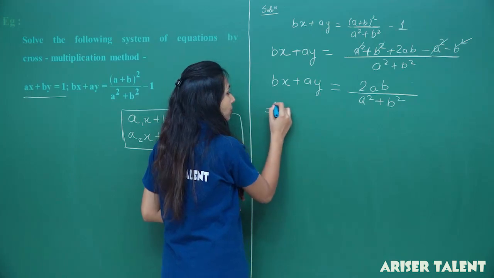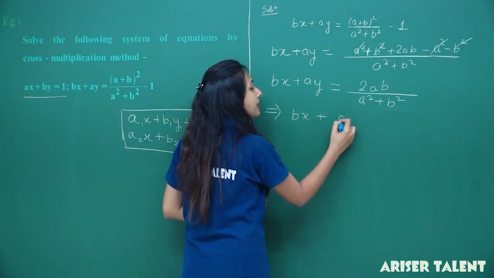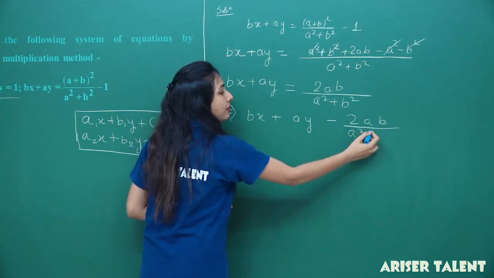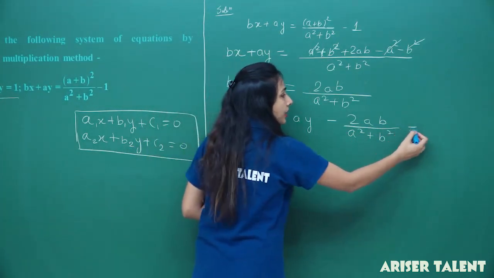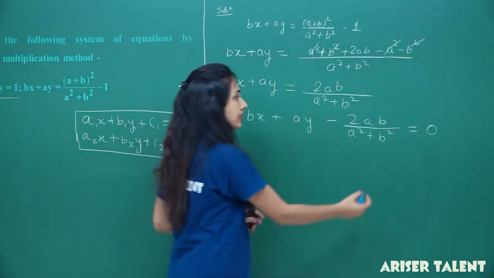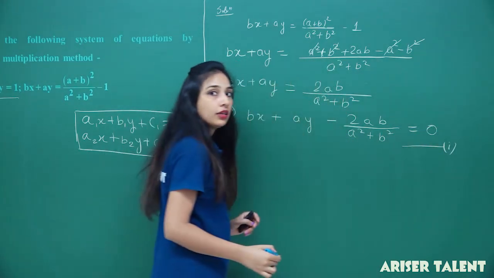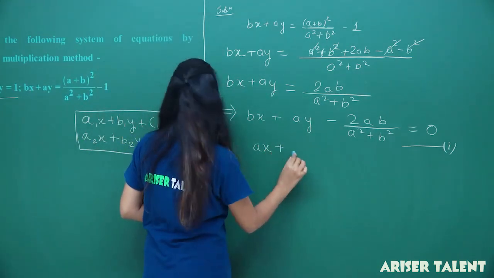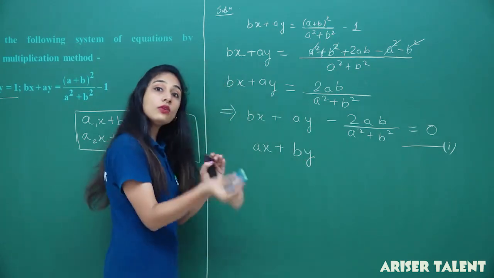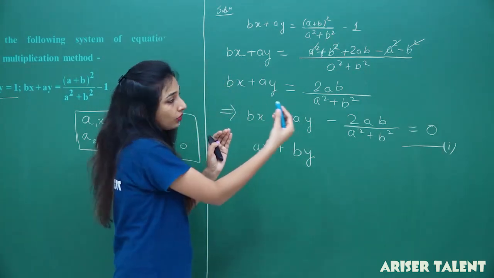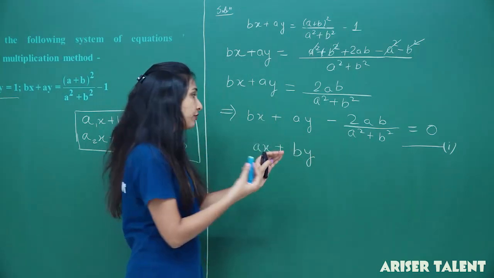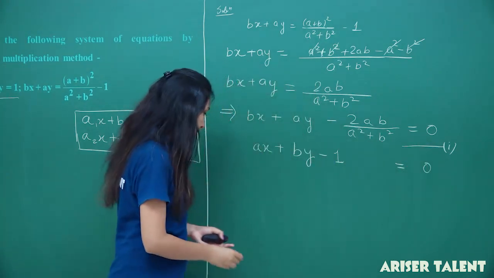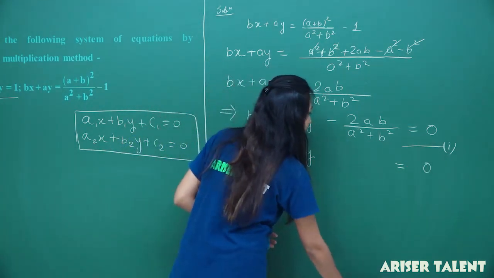So this can be transposed into the equation ax plus by minus 1 equals 0, right? This is equation 1. Now the second equation is bx plus ay minus 2ab upon a square plus b square equals 0, right?